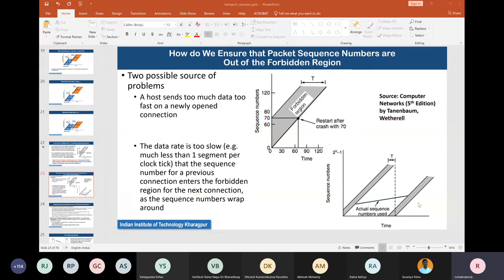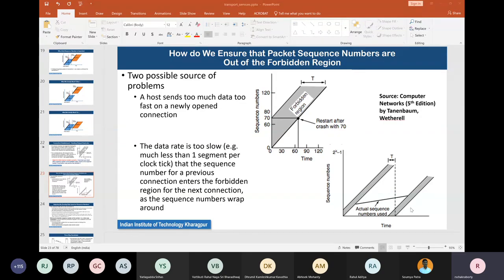Finally, this is a long connection which uses a lot of segments, and finally the sequence numbers wrap around. Suppose you have dedicated 20 bits to the segment numbering scheme, which means after 2 power 20 segments, the segment numbers will start from 0 again. So the segment numbers start from 0, 1, 2 again, and there is another new connection whose segment numbers it tries to interfere with.